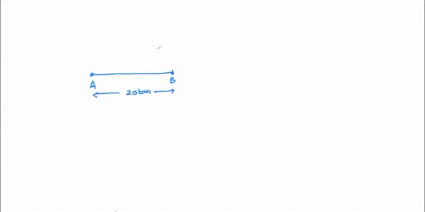So if this is east, this is west, and these are north and south. If she has to go to west, means she has to go back. So she has to travel 30 kilometers from here. She is going to reach somewhere here, point C. Now we want to know what is this distance and how it is going to be represented.